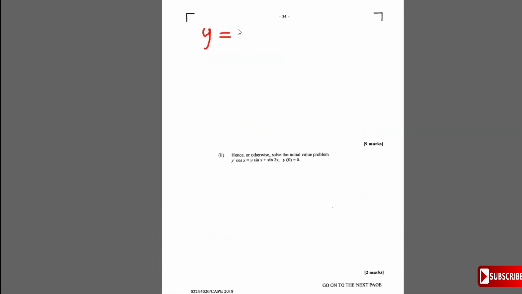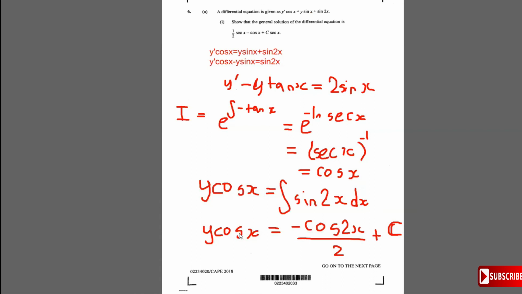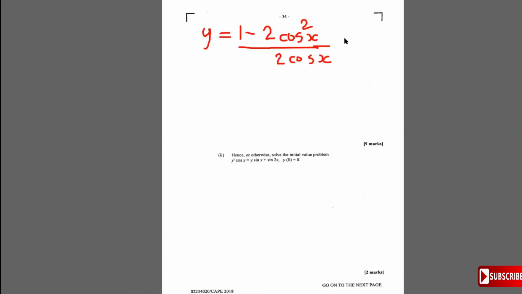Now minus cos 2x is the same as 1 minus 2 cos square x, being divided by 2 cos x. Then we have the c over cos x, plus c over cos x. So divide through by cos x, that's what we get. C over cos x, so this is y.